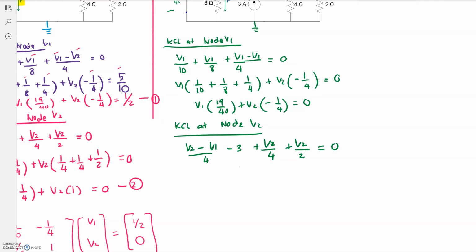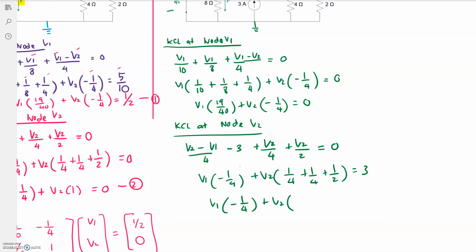Then group the equation: V1 times minus 1 over 4 plus V2 times 1 over 4 plus 1 over 4 plus 1 over 2, equals 3.